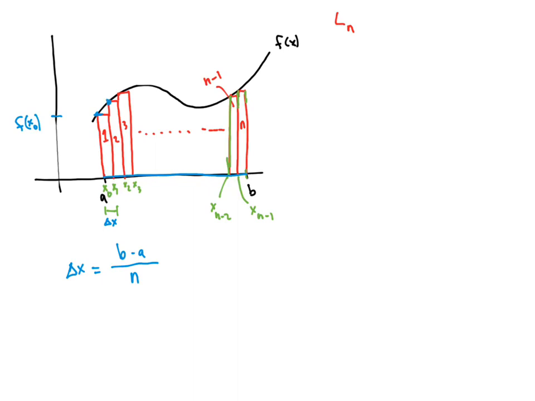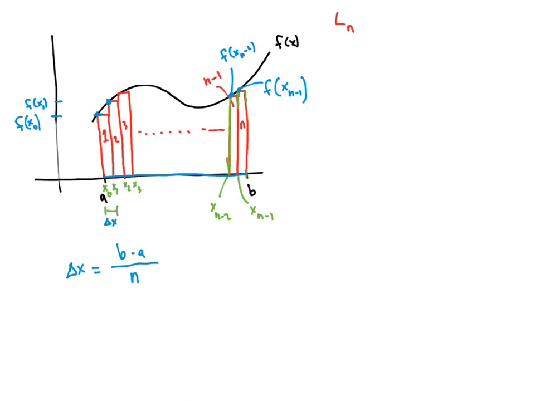This position right here will be f of x sub 1, and so on, until we get down to the height right here. This is going to be f of x sub n minus 2, and then this height right here will be f of x sub n minus 1.